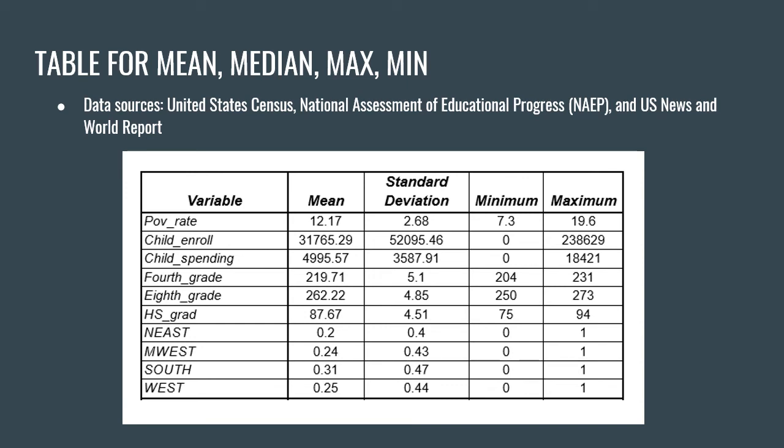Another independent variable is 4th grade and 8th grade reading scores. These are fairly close to each other, with 4th grade reading scores ranging from 204 to 231, and 8th grade reading scores ranging from 250 to 273. The standard deviation and the mean for these seem in line, and this is one of the most important factors in educational outcomes impacting poverty.